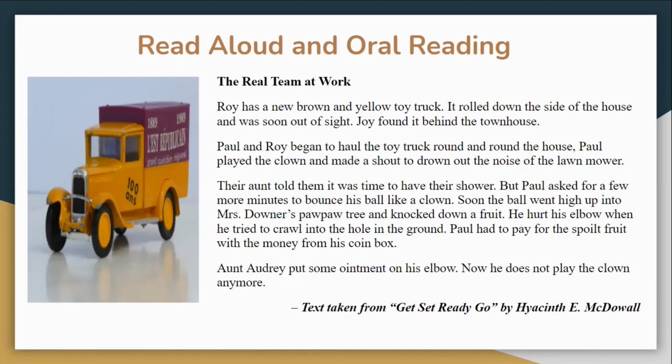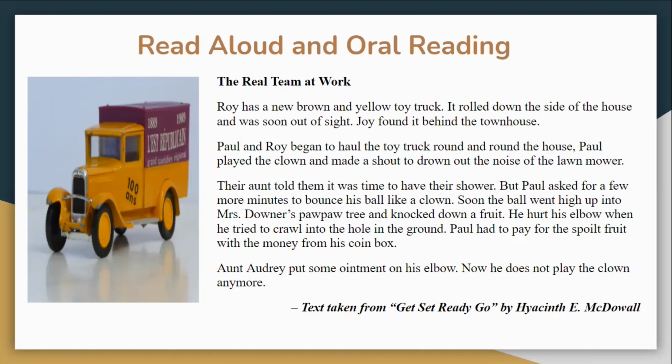Their aunt told them it was time to have their shower, but Paul asked for a few more minutes to bounce his ball like a clown. Soon the ball went high up into Mrs. Downer's pawpaw tree and knocked down a fruit. He hurt his elbow when he tried to crawl into the hole in the ground.